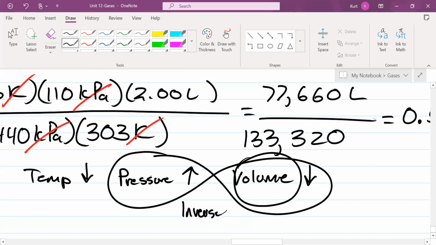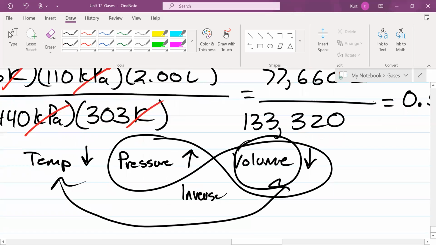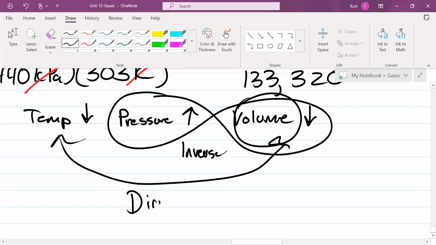Don't compare it to the pressure. So if the volume and temp are directly proportional here, that was a direct proportionality. Focus on the one that you are looking for and compare it to the temperature, okay? Don't compare the two that are given. Like with temperature and pressure, I understand that those two are going to be directly related, but you want to focus on the one that you're looking for with the other two factors, not the two that you're given.